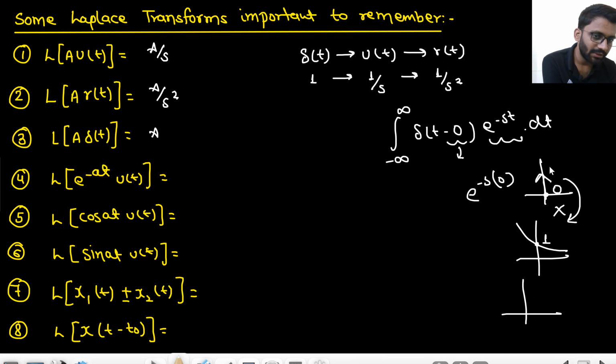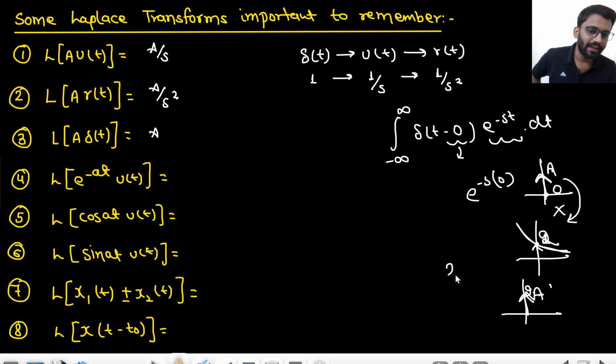If you multiply these two, let's just assume it is having value a. If you multiply these two, a into this, what will you get? An impulse of a only. If we were having 2 here, what would you get? A into 2, so an impulse of 2a. So your impulse is just getting multiplied at the point where it is defined. It is defined at t equals 0 only, so I am just putting t equals 0 in the function and getting this value.